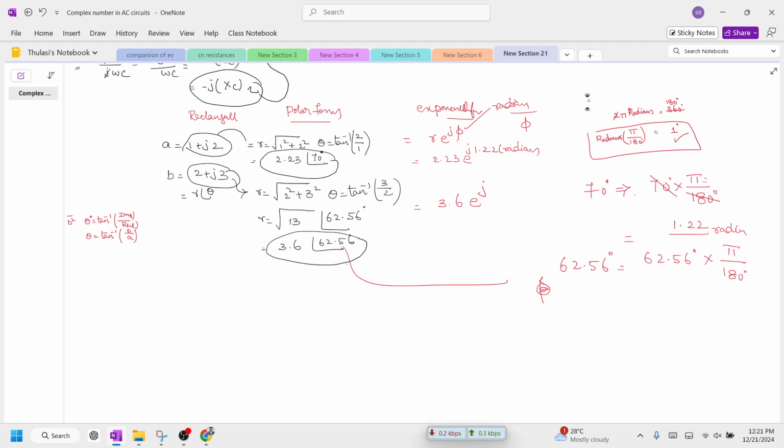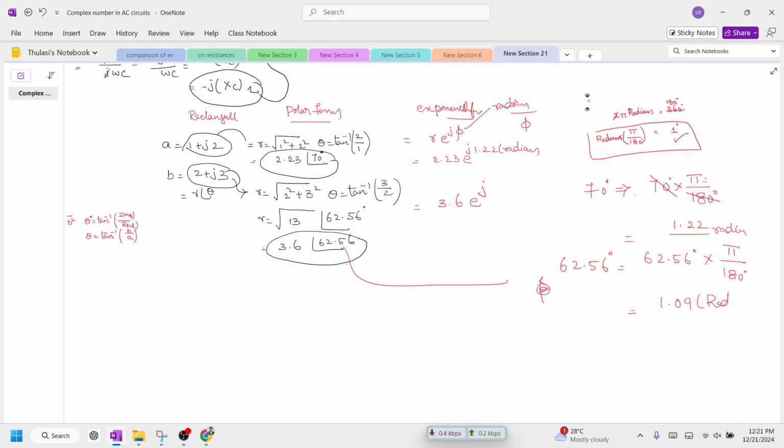So try to perform the multiplication. Just use your scientific calculator and perform the multiplication. This is 62.56 into pi divided by 180. Then you are going to get 1.09.